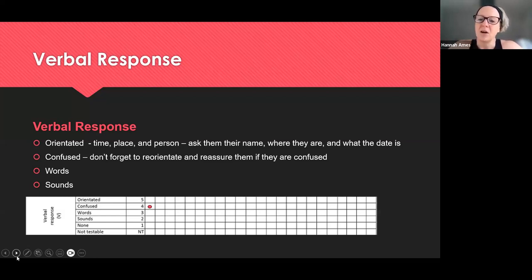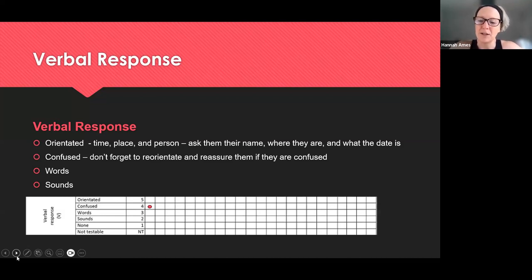So place, so ask them where they are. And then time, do they know what the date is? If they get those all 3 correct, then they are orientated, and you would plot them as a 5. If they get any one of those wrong, or all of them wrong, then they are confused, and you document them as a 4.